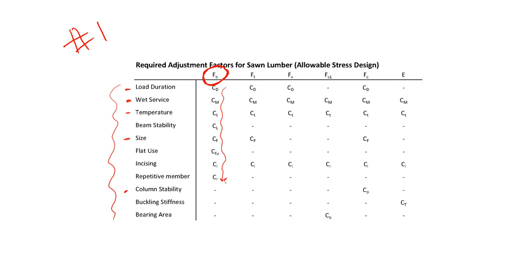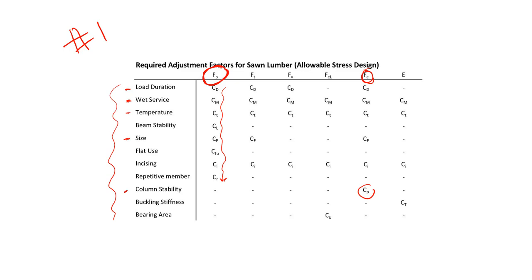And again, duration and size we will deal with. Column stability we will also deal with when we're dealing with columns. You'll notice that column stability only shows up when we're talking about compressive stress, like we did last time, compressive stress of a column.